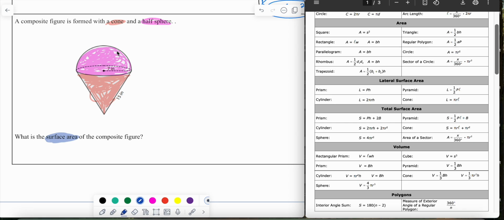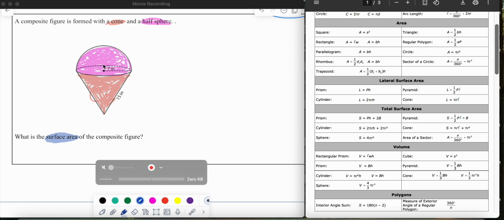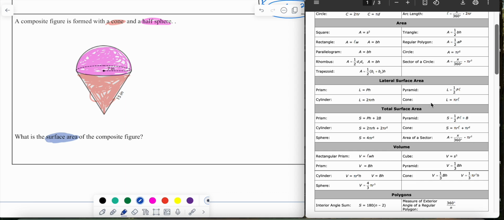So once it is a sphere, we will always use the total surface area, because a sphere only has curved surface. So I'm going to write that down. For the sphere, we're going to be using the total surface area.